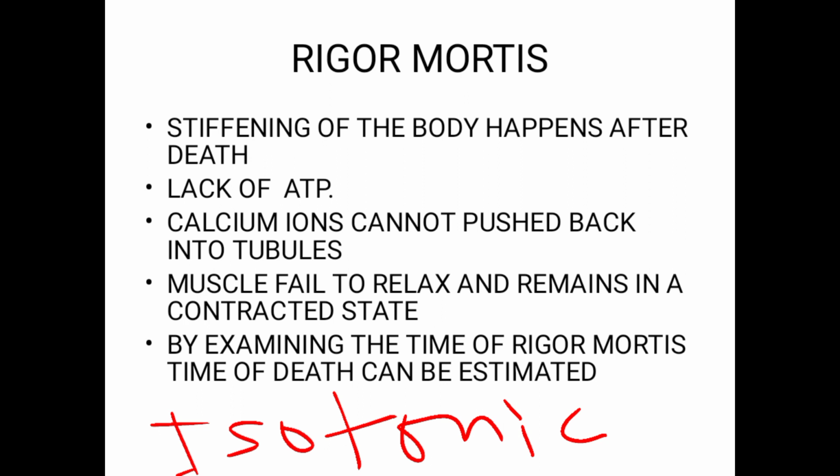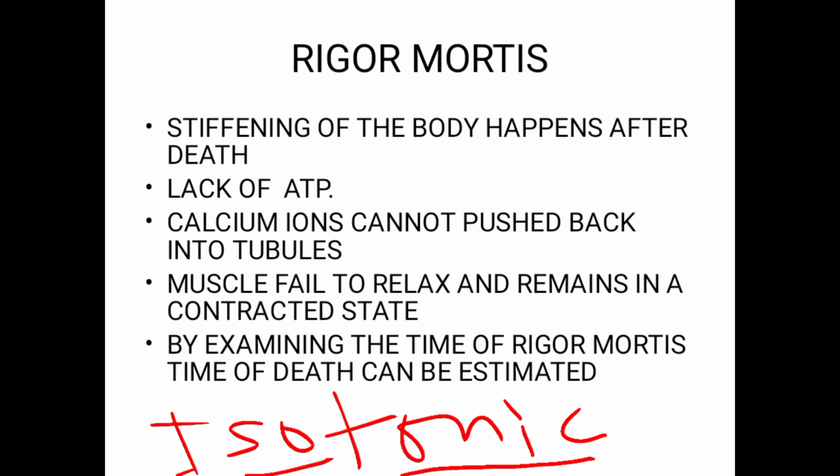Iso means same, tone means tension. In isometric contraction, iso means same, metric means length. So the length of the muscle remains the same, but the tension increases.